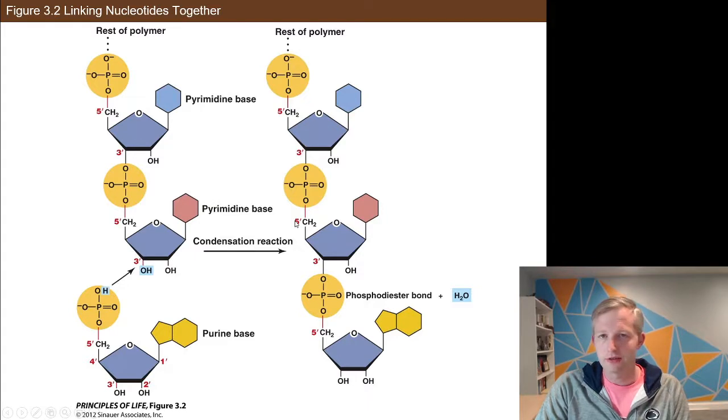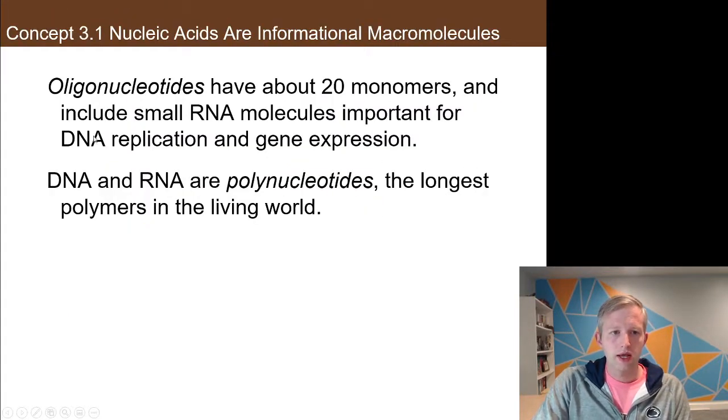So just like glycosidic linkage or ester bonds in the case of lipids or peptide bonds in proteins, it's just a name for the specific type of dehydration synthesis or condensation reaction that's occurring here. So we have a whole host of details about the differences between these different types of monomers and polymers and the significance of their arrangement and things like that.